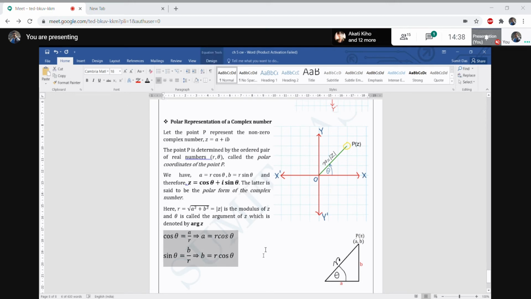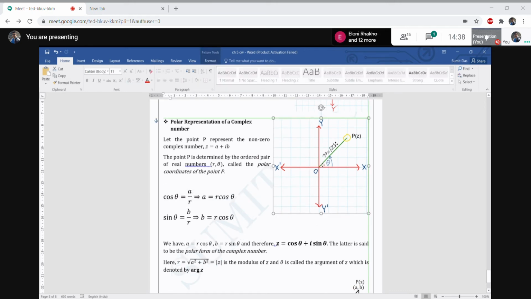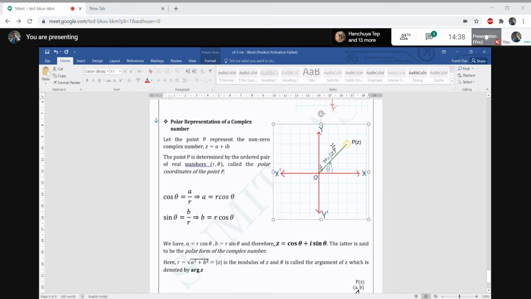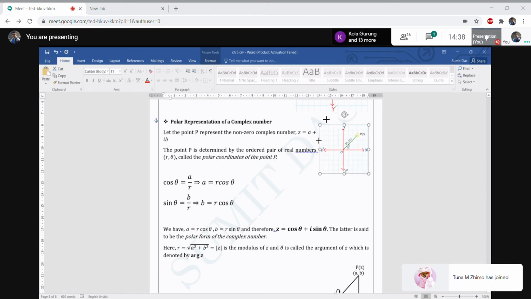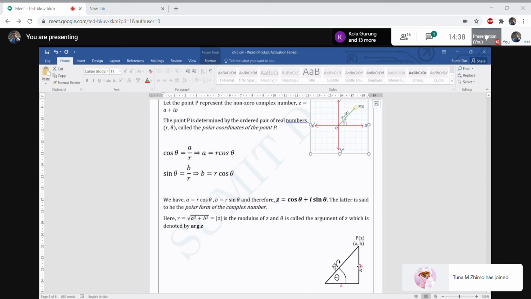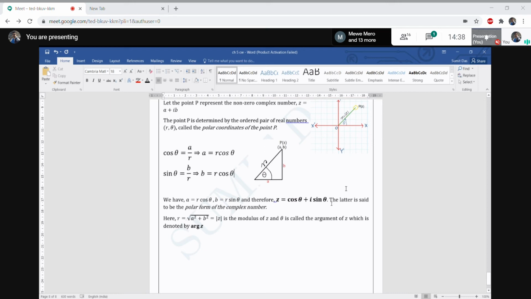Okay, this is the polar form. The latter is said to be the polar form of the complex number.